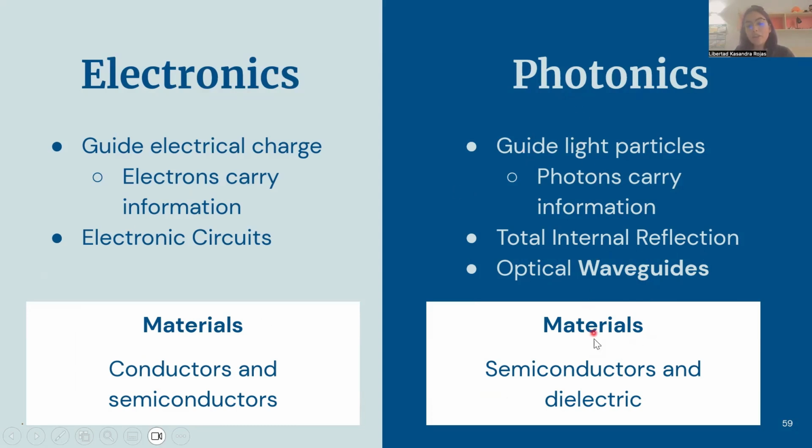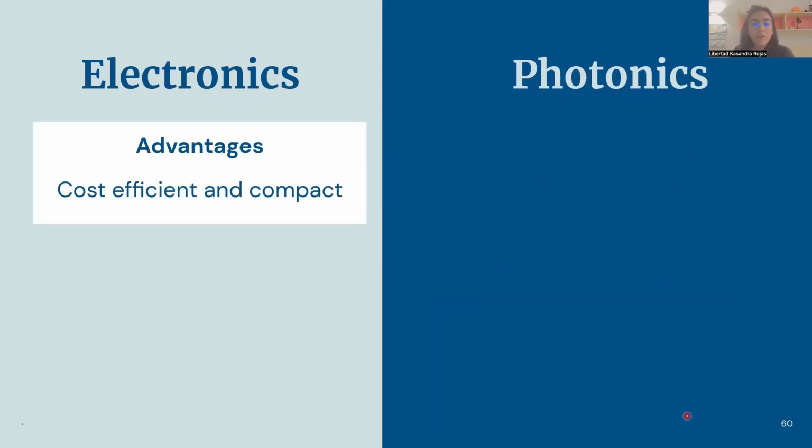While in photonics, you use semiconductors and dielectric materials. Now, in photonics, you do not use metals. Okay, so that is one of the main differences. You are using mainly dielectric materials. And I guess at this point, I should mention, usually the dielectric material will be your nonlinear medium in photonics.